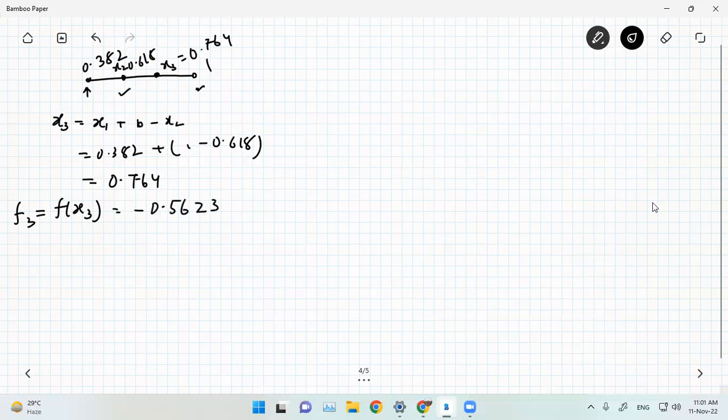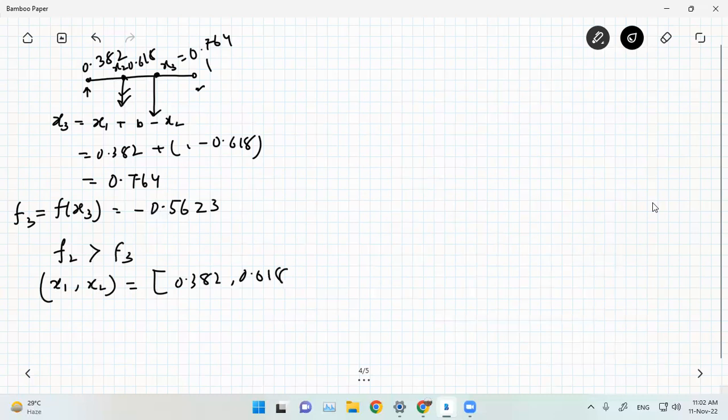So as you can see here, this is higher than this one. So we can see that f2 is greater than f3. So we have to discard x1 to x2. So this is deleted, which is equivalent to 0.382 to 0.618.